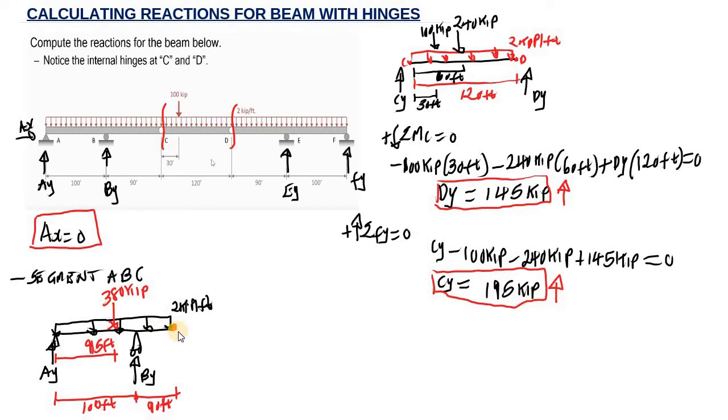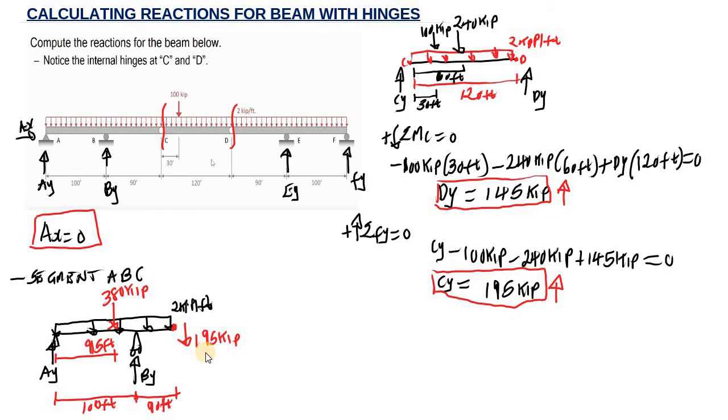Looking at segment ABC, this is going to be 195 kip acting downward, because the forces are the same but in opposite directions. So we just need to calculate AY and BY.